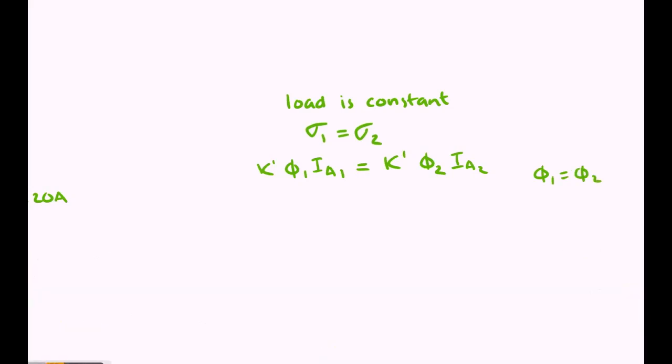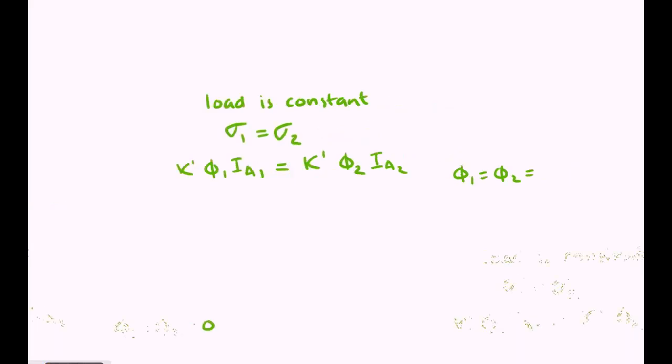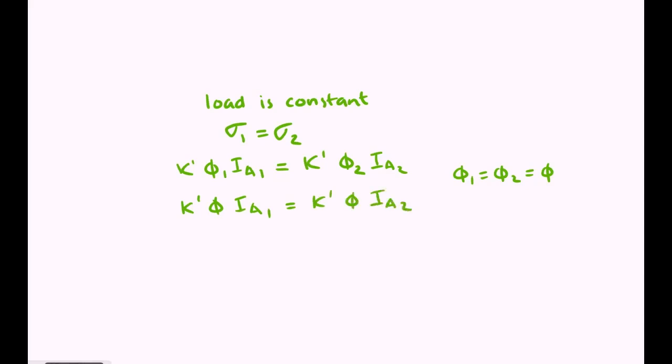Okay, and then we can simply write it as flux, and therefore we can change this into K prime flux IA2. Then we can cross this out. These two are the same, and the flux is also the same, and therefore we can conclude that IA1 is equal to IA2.